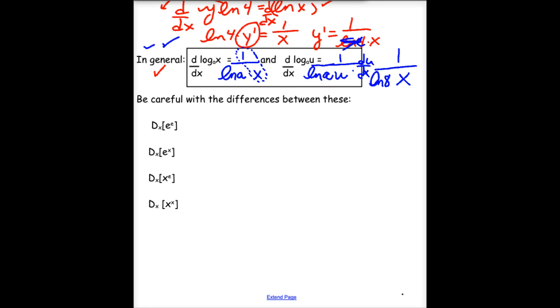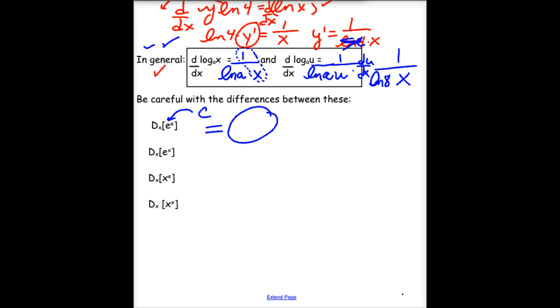So look at all this. Be careful with the differences between all these because they're very different. The derivative with respect to x of e to the e: well, e to the e is a constant, and the derivative of any constant is 0. Some kids will use a power rule on that or natural log to bring the e's out front, but your variable of change is x. e is always a constant.